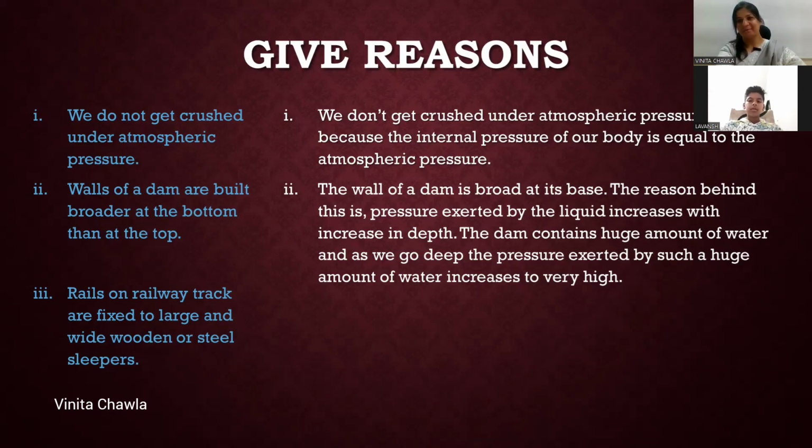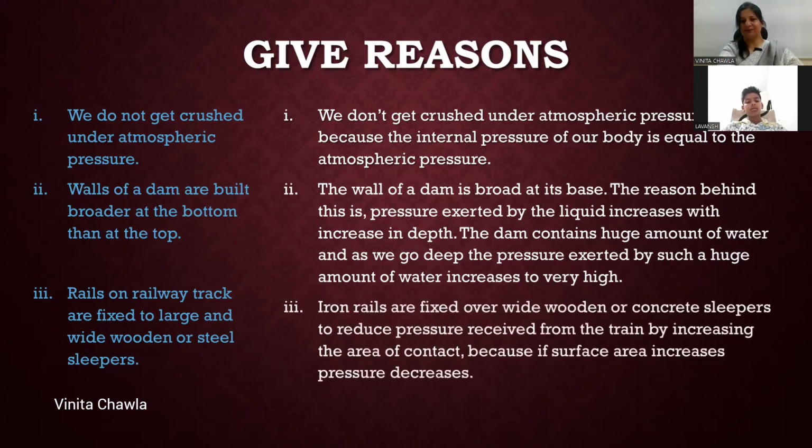Because it is huge and heavy, it exerts a lot of pressure on the railway track, and this is the reason they are fixed to large and wide wooden or steel sleepers, to reduce pressure received from the train by increasing the area of contact. If the surface area increases, then pressure decreases.